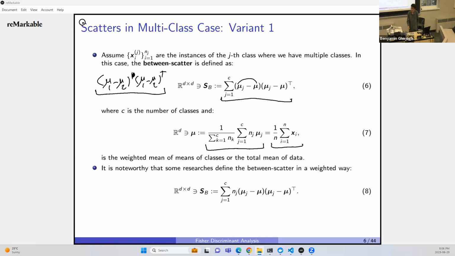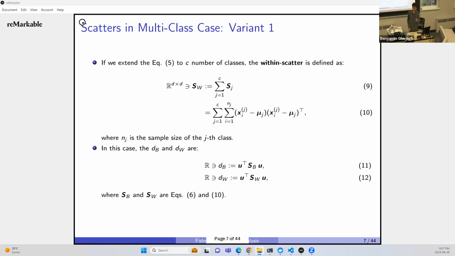I define this as the between scatter for C classes. Do you get it? So I have sigma j from 1 to C, mu j minus mu times mu j minus mu transpose. Also can weight them by nj, the number of points in the class.